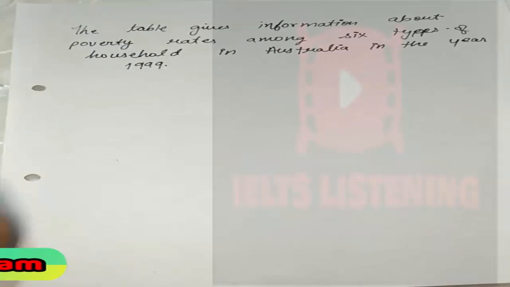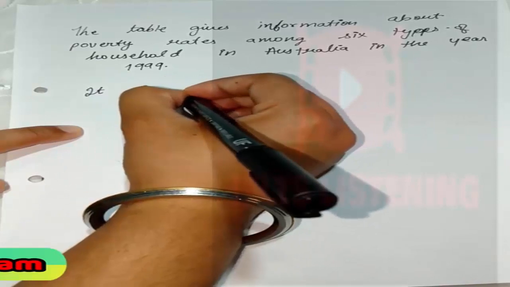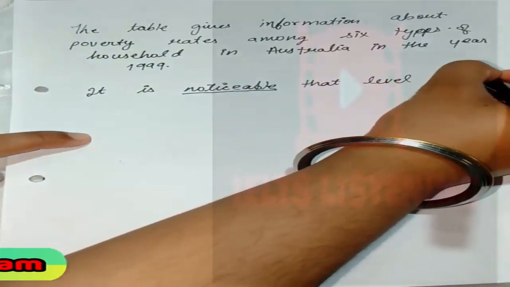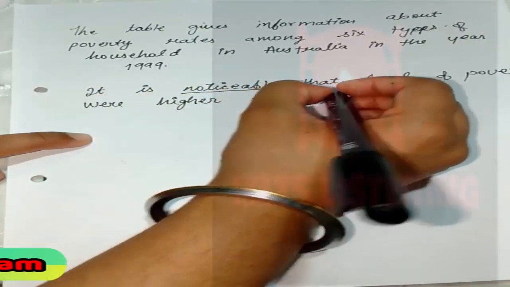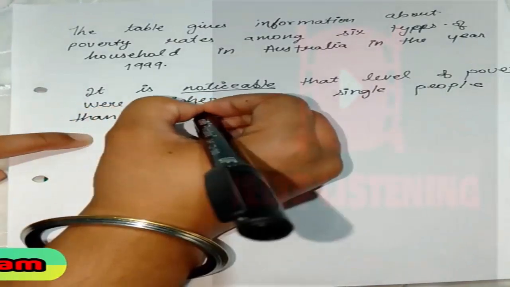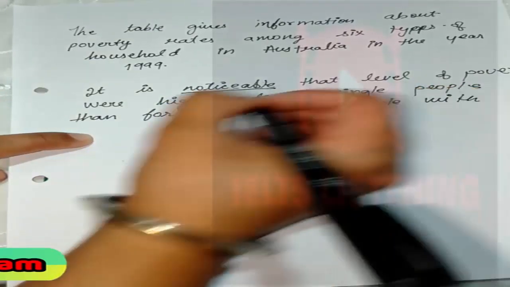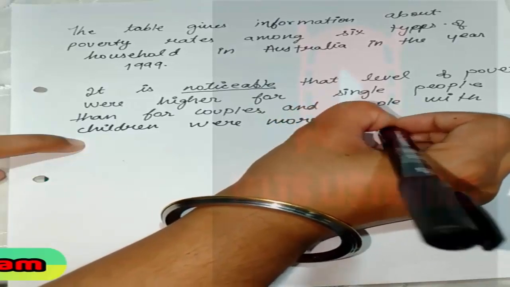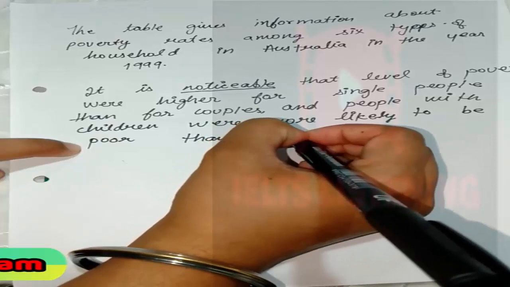So we will write the first paragraph. It is noticeable, we can say clear also, that levels of poverty were higher for single people than for couples, and people with children were more likely to be poor than those without.